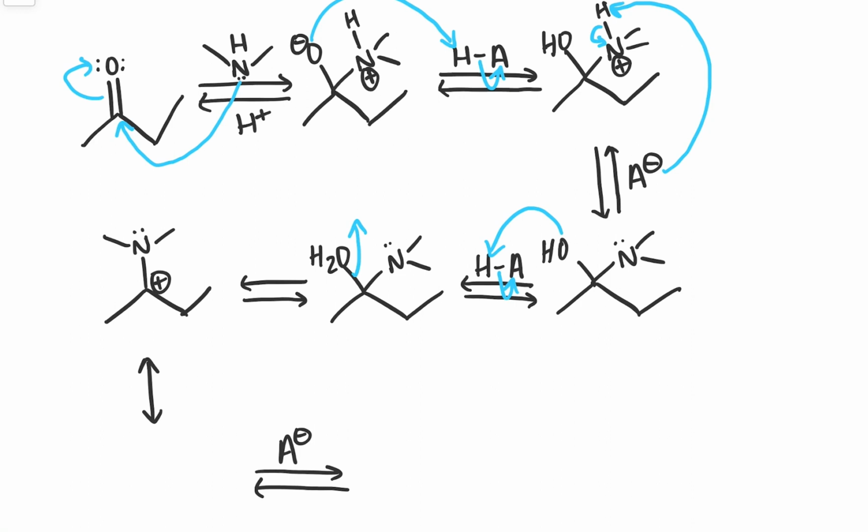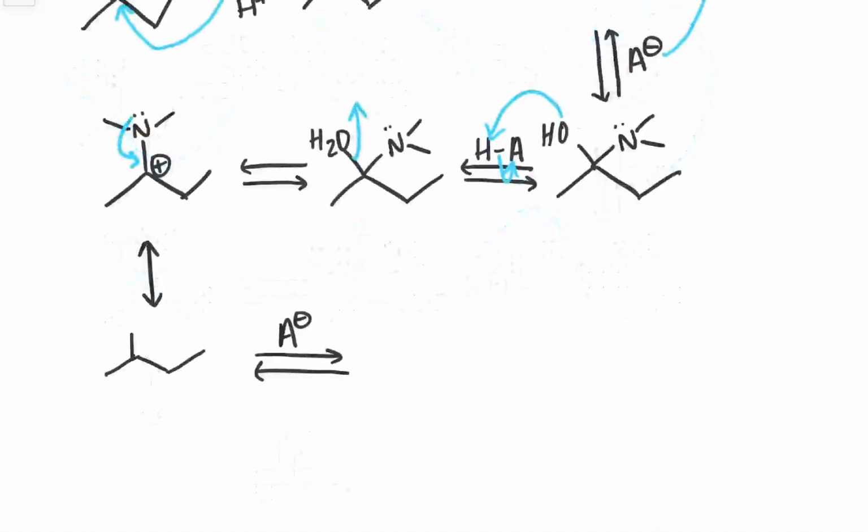Next, through resonance, those electrons from the lone pair on nitrogen are going to drop down, forming a carbon-nitrogen double bond. So we form that carbon-nitrogen double bond, making the nitrogen positively charged. Now remember where I said our last step is a little bit different from our imine formation? That is because since there isn't a hydrogen to remove from the nitrogen to get it to be neutrally charged, we can remove an alpha proton instead through the addition of a base.